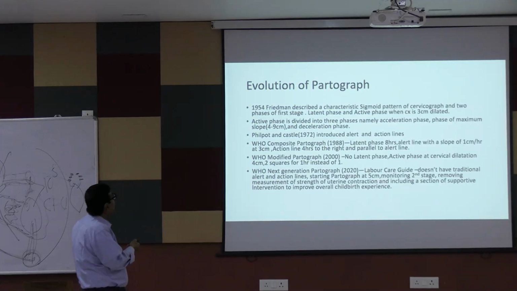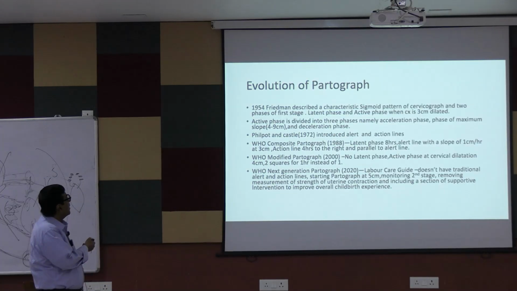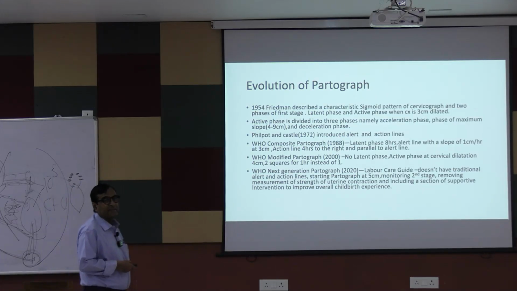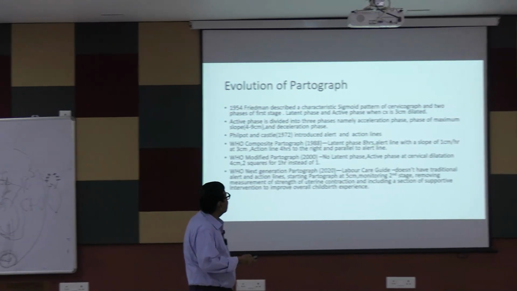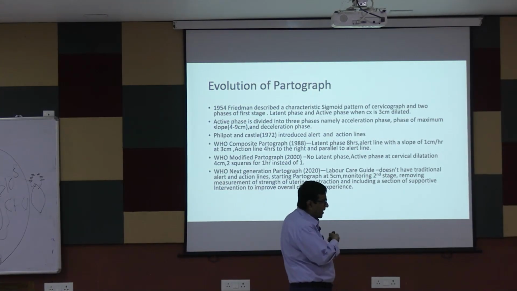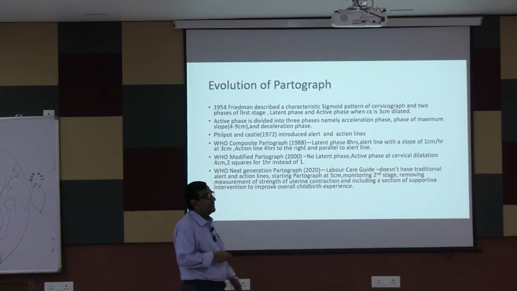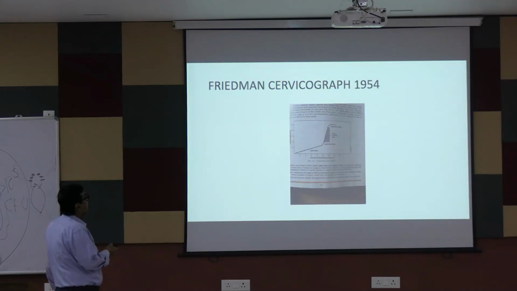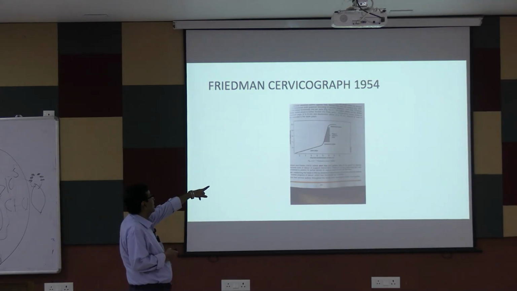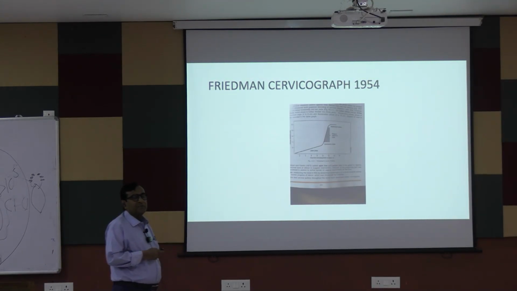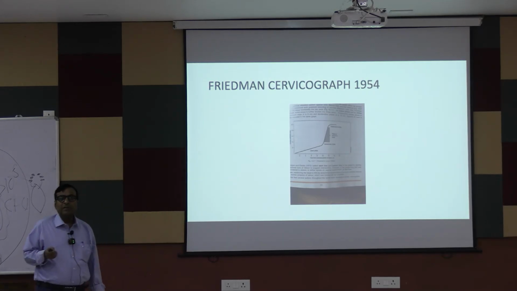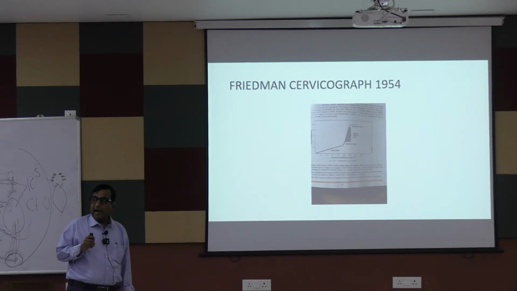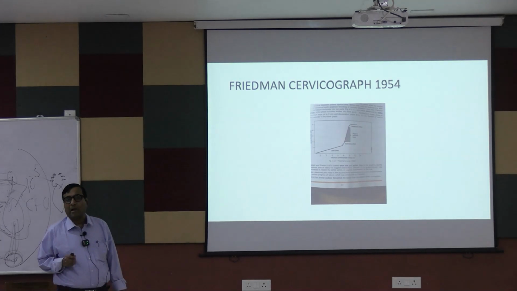The next important development occurred in the year 1972 when Philpott and Castle introduced the alert line and action line. What are they? If you look at the graph, the cervix in a normal labor, both in multi and primigravida, should dilate at least 1 centimeter per hour.